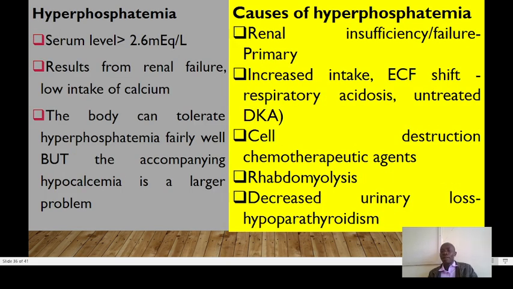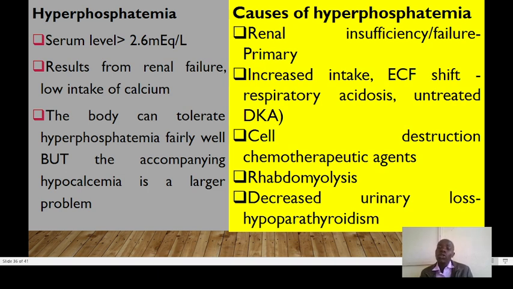Whereas with hyperphosphatemia, these patients have a serum level of greater than 2.6 milliequivalents per liter, and it could result from renal failure or low intake of calcium. Remember, it's excreted by the kidney. So if the kidney fails to excrete phosphorus, then you're going to have hyperphosphatemia.